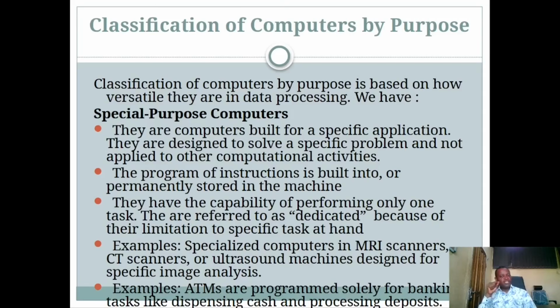You punch it in, then press the enter key. Before you know it, the computer system starts dispensing fuel into your vehicle or your gallon. So this is another example of a special purpose computer. It is only for a specific purpose, to measure the amount of fuel being dispensed, in terms of the money value or the liters quantity. So that is that.